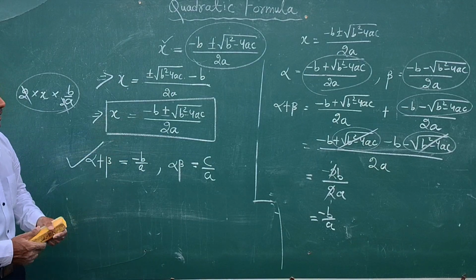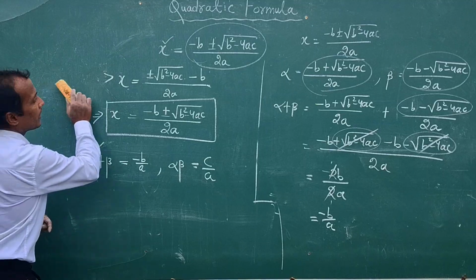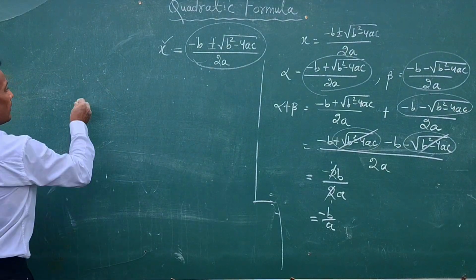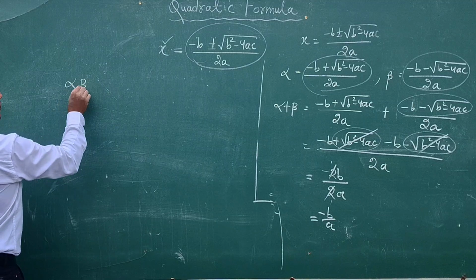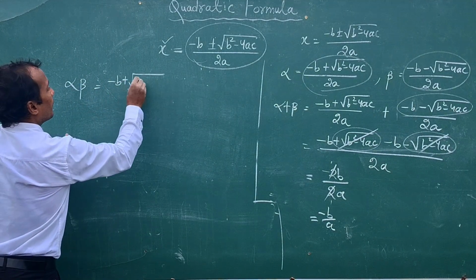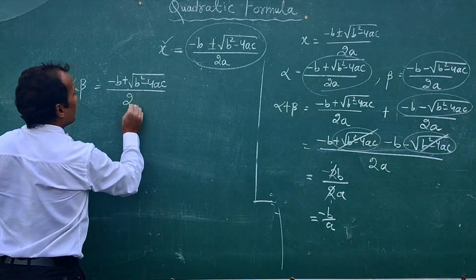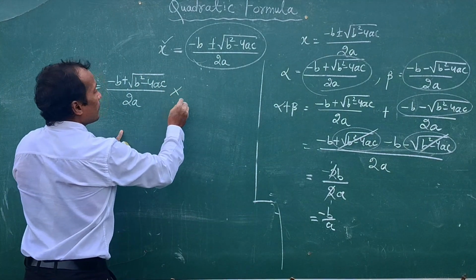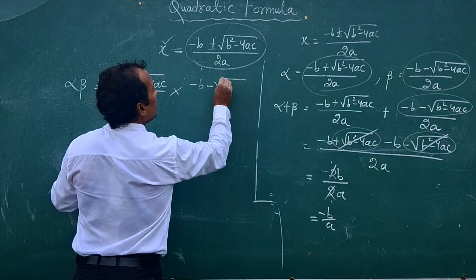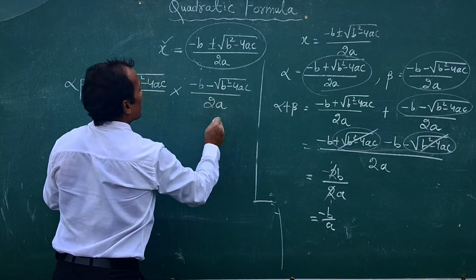Similarly, I can show you alpha into beta is c by a. Look, alpha into beta. Alpha is minus b plus square root of b square minus 4ac by 2a, into beta is minus b minus square root of b square minus 4ac by 2a.